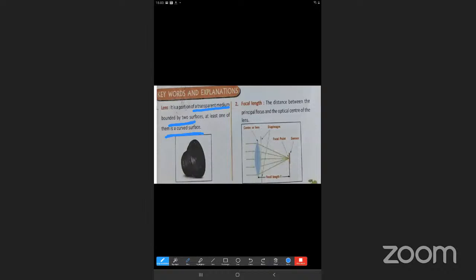Of the two surfaces, one of them is a curved surface.